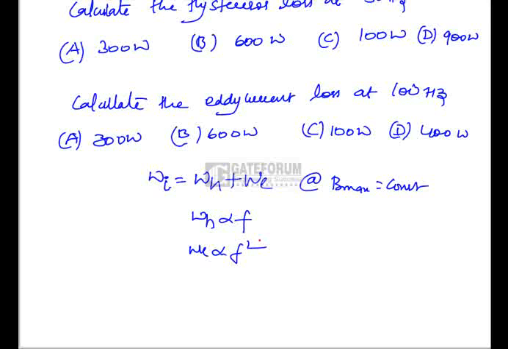When the no load loss of a transformer at 50 hertz is 400 watts, no load loss is equal to iron losses, which is WH plus WE. Since hysteresis loss is directly proportional to F, I can write this as A into F, plus eddy current loss, which is directly proportional to F square, B times F square. The no load loss at 100 hertz is 1000 watts.